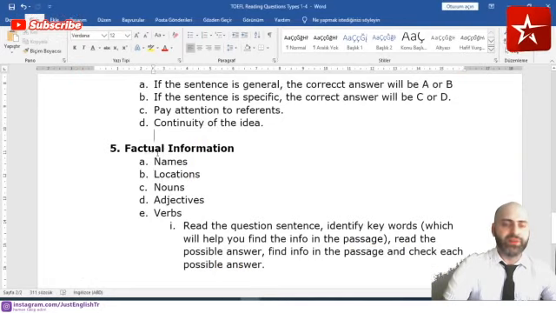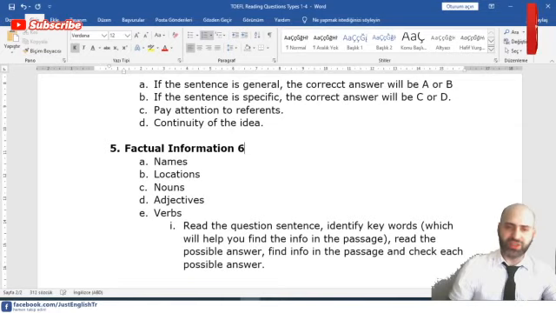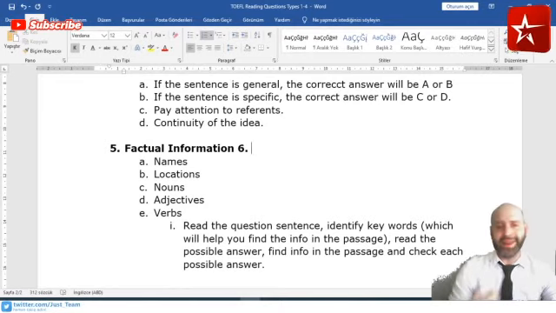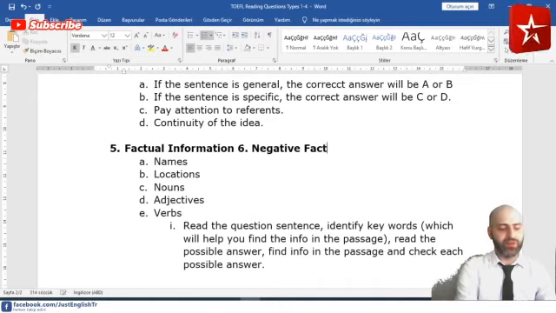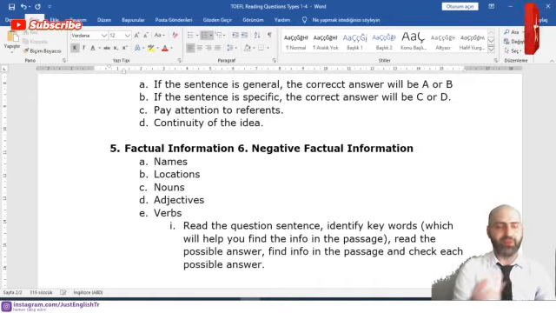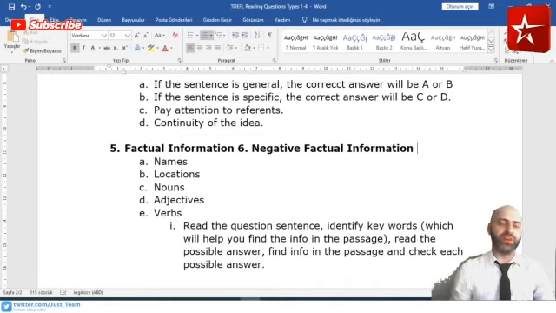Let me go back to this file. Question 5, I said, is factual information. I will write question 6 over here as well because it's also factual information, but negative factual information. So the next type of question asks you which one is not correct or which one is not mentioned.